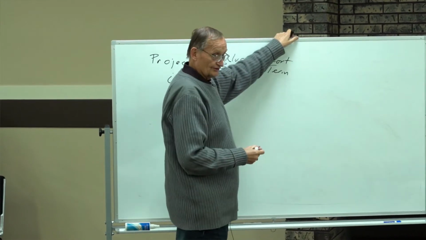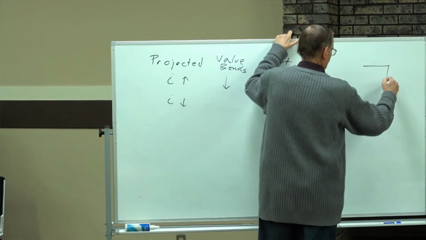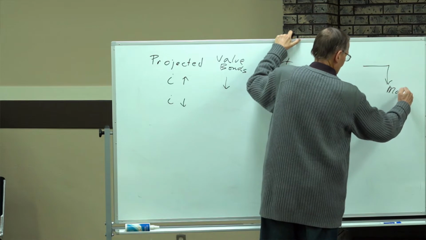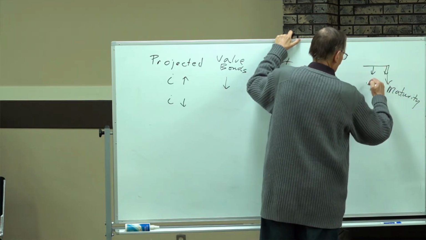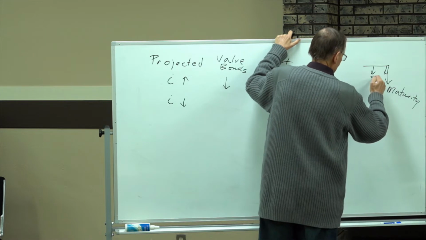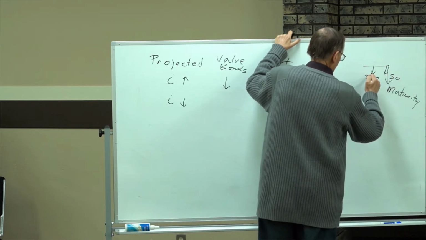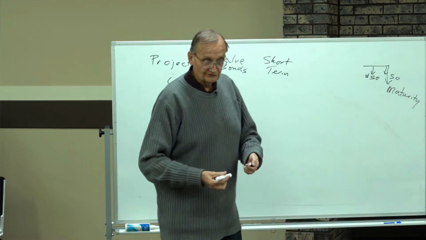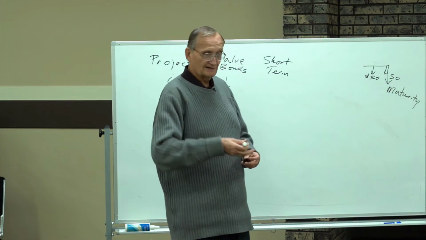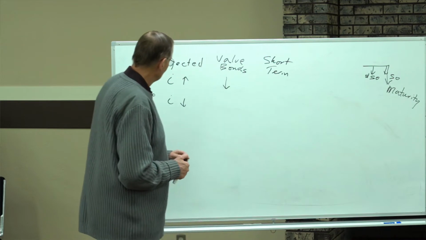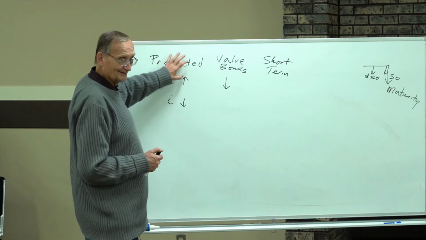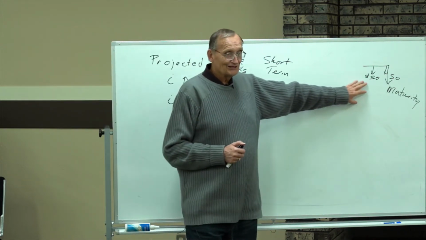If it's short-term, I can go in and buy a bond that's maturing in less than a year. So I know there's 2 payments of $50, and I know they're going to pay me back $1,000. So if I screw up, interest rates go up, well, I'm out of it in a year.